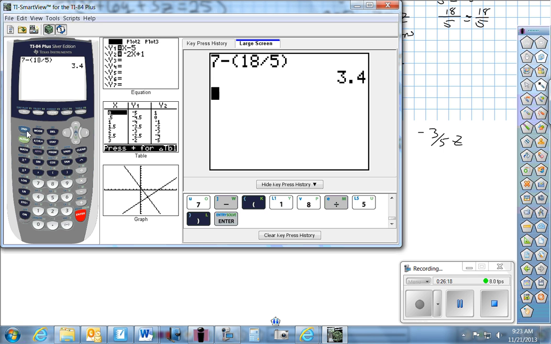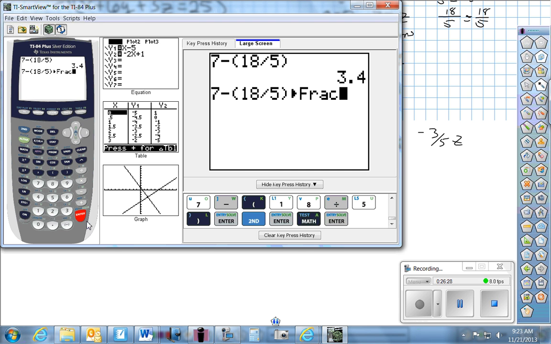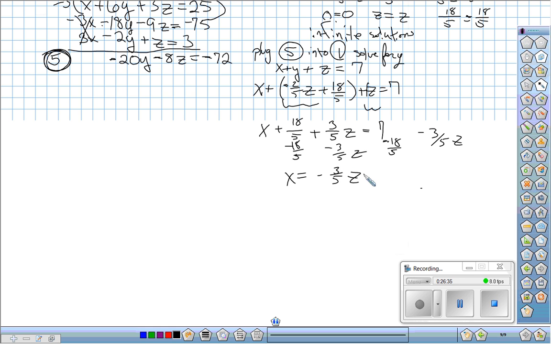What you can do is re-enter this with second enter, and I'm going to get my same equation back. And then I'm going to go into math and hit 1 for frac. It will write it as a fraction. I'm going to write it as 17 over 5. I could have done that in my head as well, but I don't like to anymore.